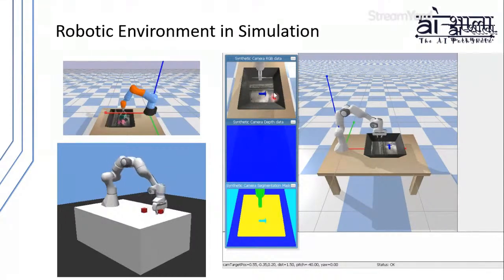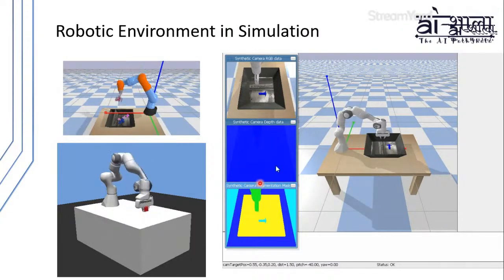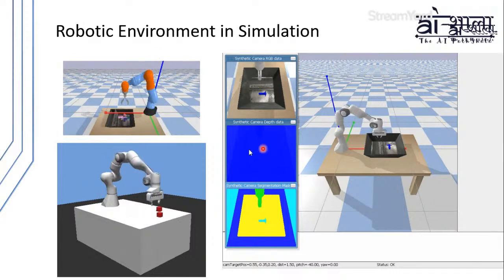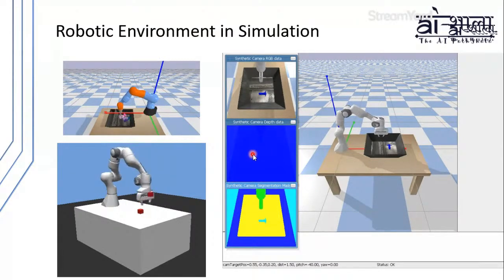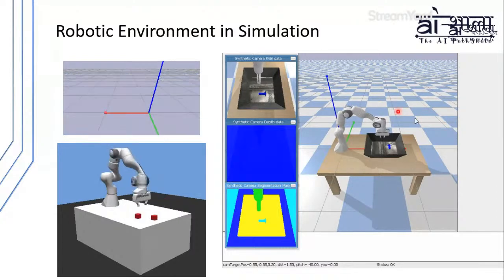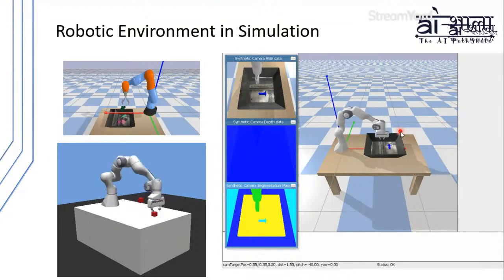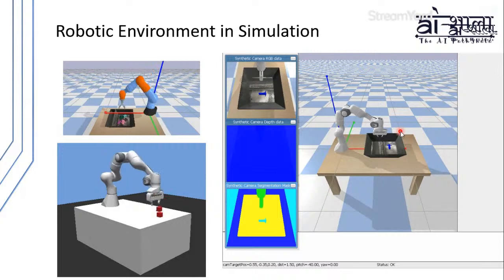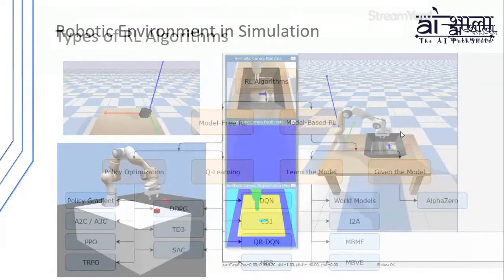There are other kinds of input as well, for example a segmentation mask. This should be a depth map, but it is not clearly visible. Whatever data you receive from the sensors of this robotic arm, you need to train it so that it can learn how to pick and clear the table.